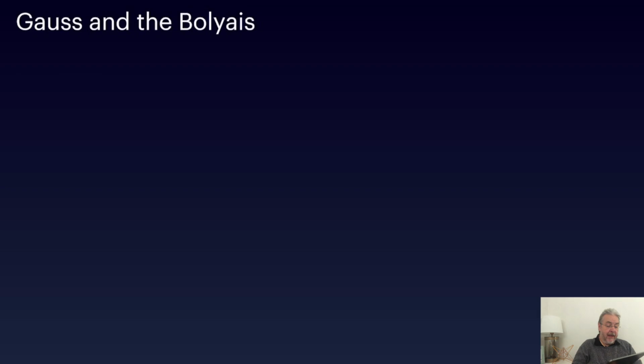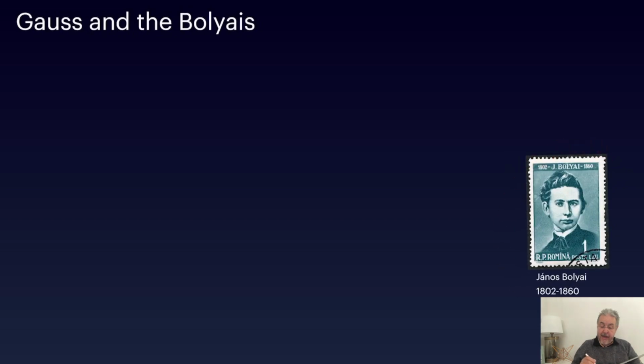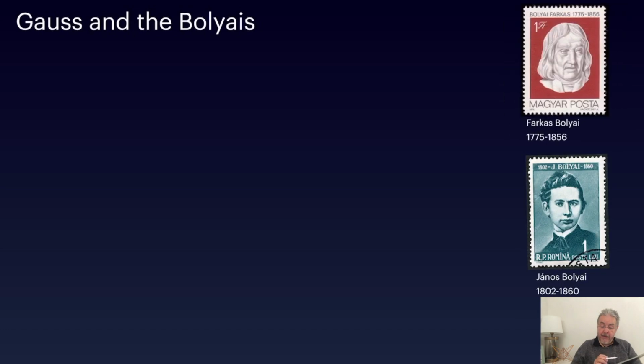We will meet all these things later, but let me first come to this benchmark point in mathematical history, and let's talk a little bit about the relation of Gauss to the Bolyais. And here I have taken a plural S because you have this János Bolyai, and this János Bolyai is the son of Farkas Bolyai. Both of them lived in Hungary, and both of them worked on non-Euclidean geometry.